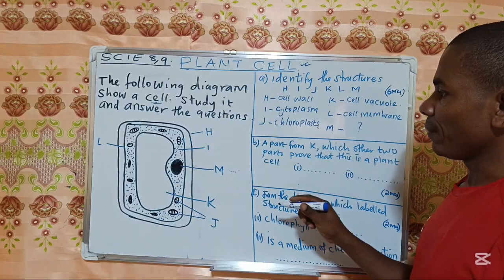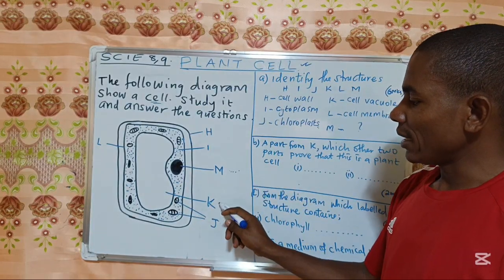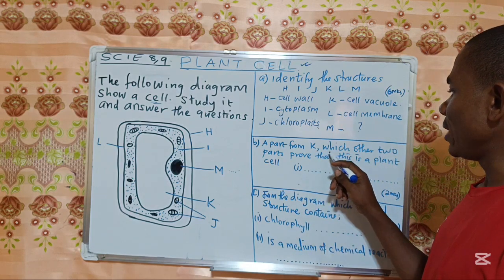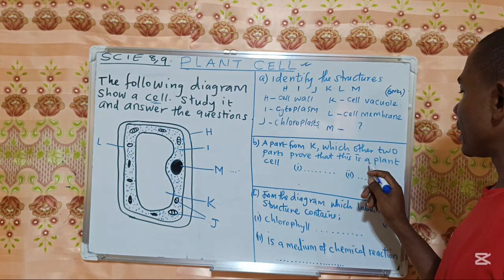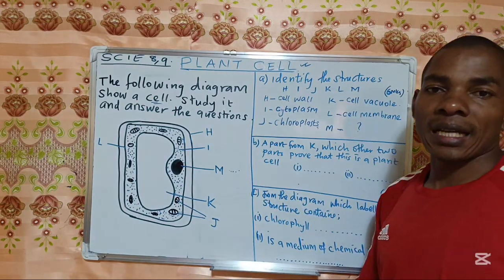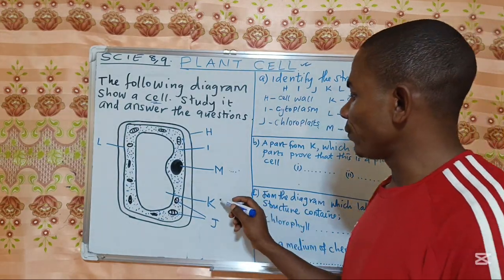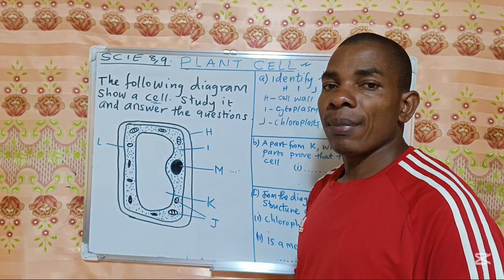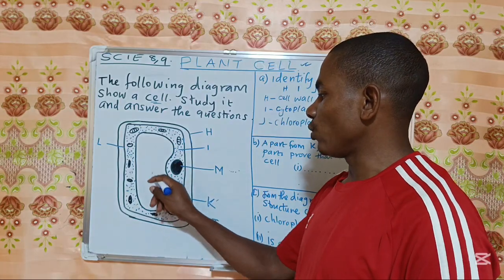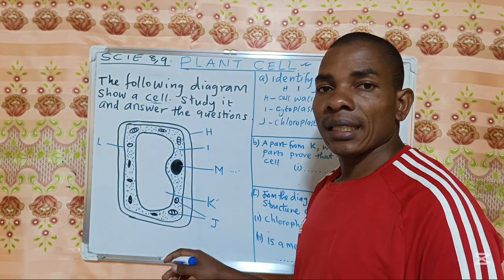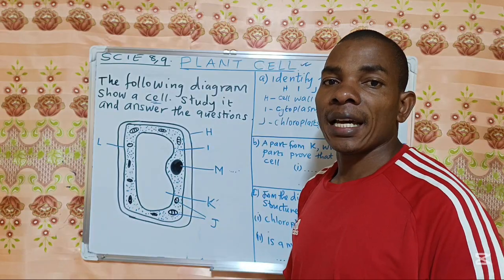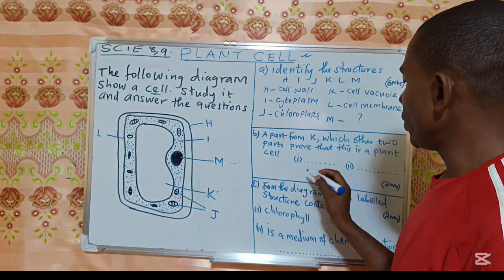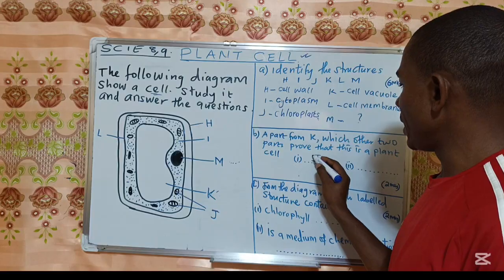Apart from K, which other two parts prove that this is a plant cell and not an animal cell? You can put J here.